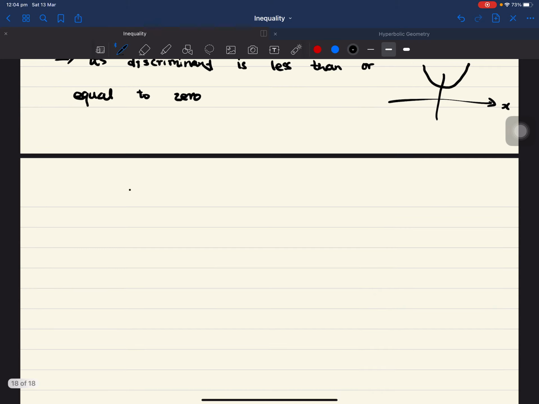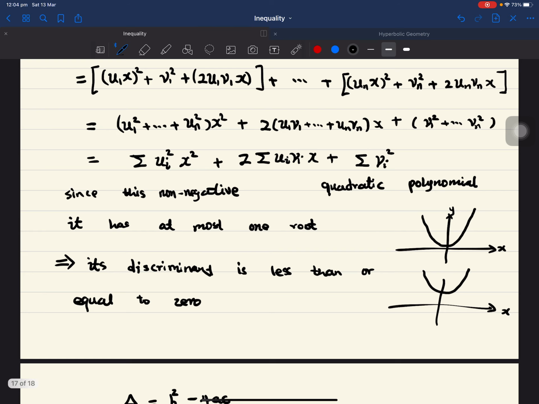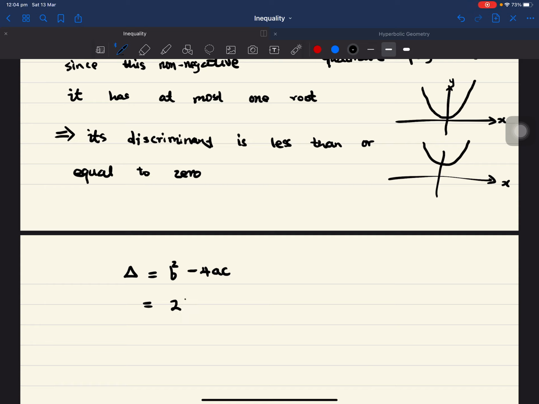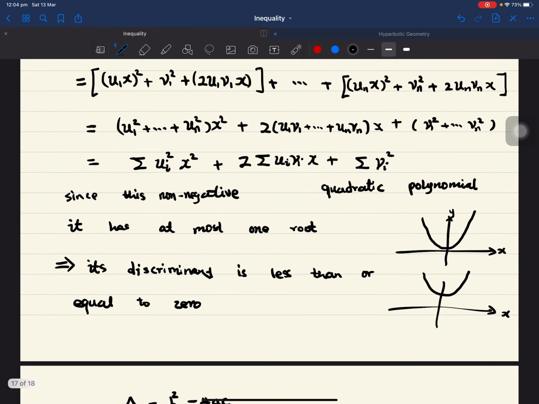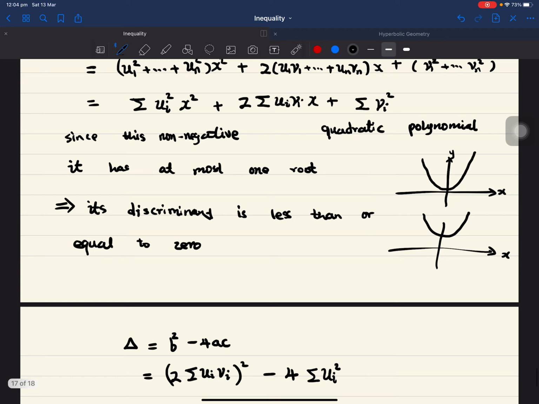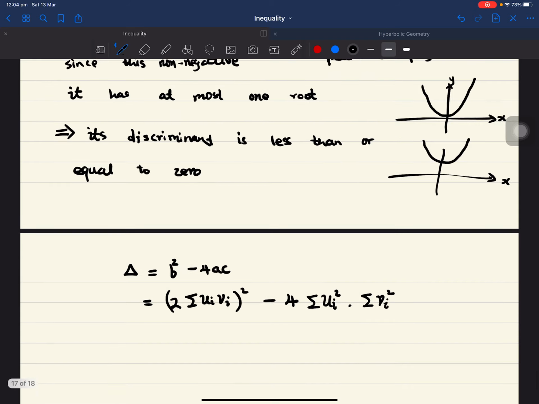Now, so just quickly compute that. The discriminant formula for a quadratic is delta equal to b squared minus 4ac, where b is equal to 2 times the sum of UiVi, so it's 2 times the sum of UiVi all squared, minus 4 times a, which is the sum of Ui squared, times c, and c is the sum of Vi squared.